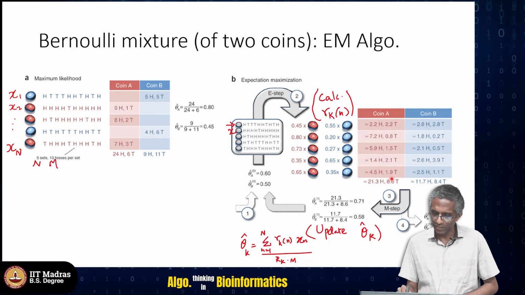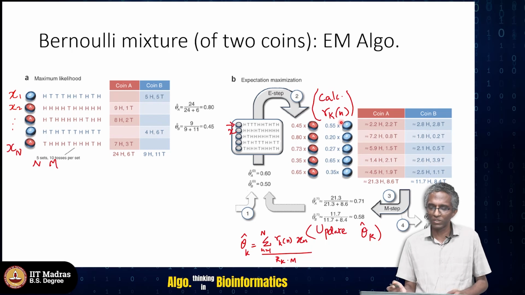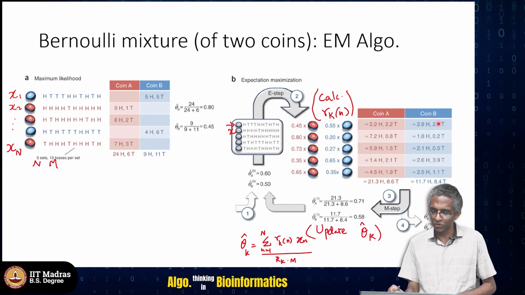Now, here is where this interesting thing comes up, these fractional responsibilities. So, you have 5 heads and 5 tails here. You just multiply it with this 0.45 responsibility. You do not assign it either to A or B completely. You do not have your Rk of n be 0 or 1, so that only one of these rows has all 5 heads and 5 tails.